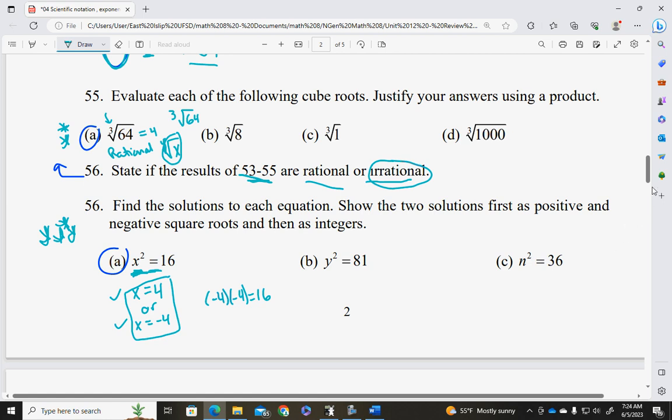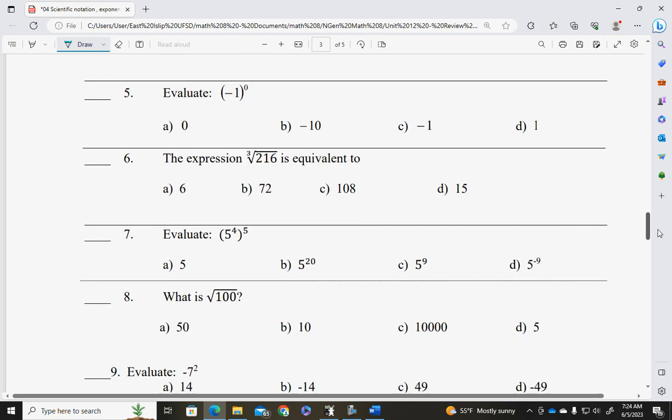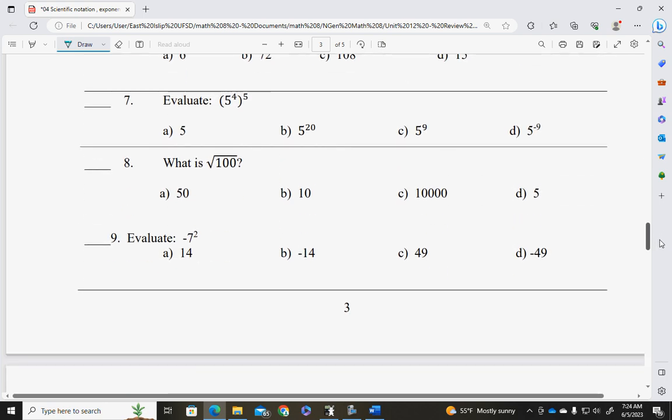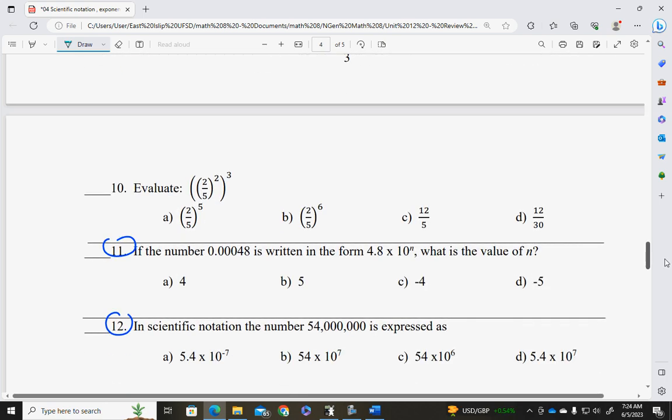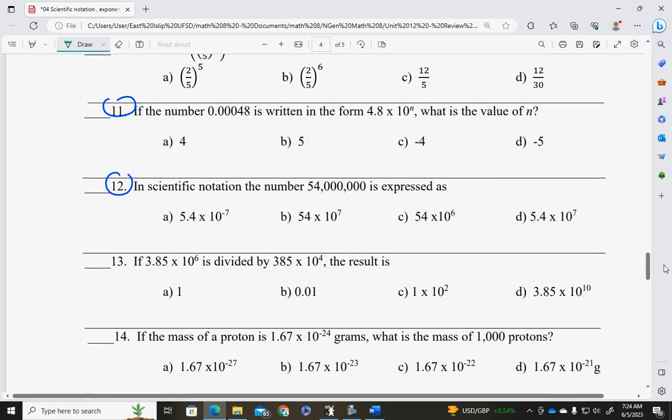So now I'm going to skip ahead. I'm not going to do any questions from this page. I just went over all of that stuff. But go on to this next page, number 11. I want to review your scientific notation.